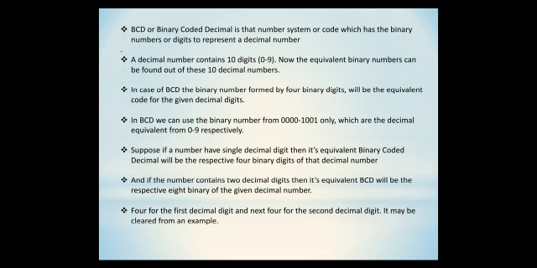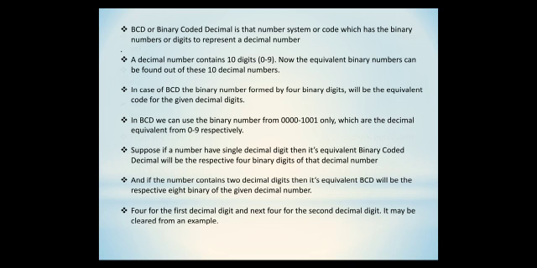Next, BCD or binary coded decimal is the number system or code which uses binary digits to represent a decimal number, and a decimal number contains 10 digits, that is 0 to 9. Now the equivalent binary numbers can be found for these 10 decimal numbers.